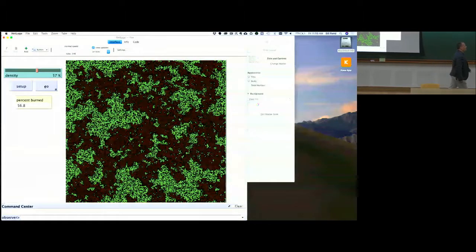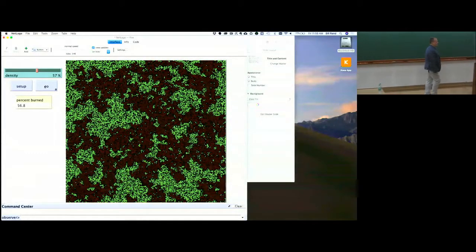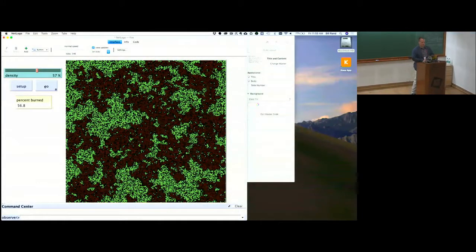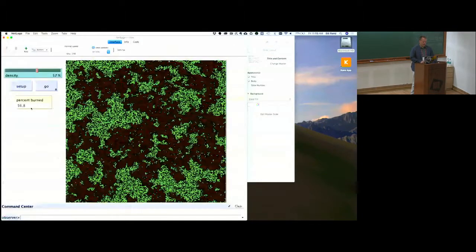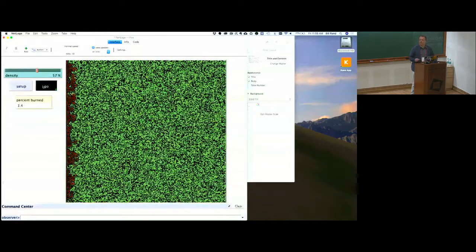So that just shows you how easy it is, a lot of times in these agent-based models, to change some of the initial conditions. One of the things I want to mention quickly before I move on is this relationship right here.